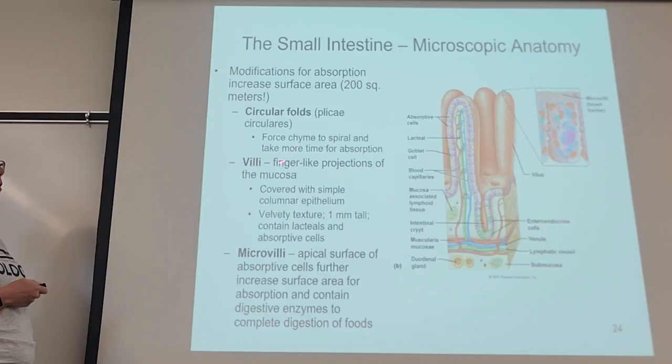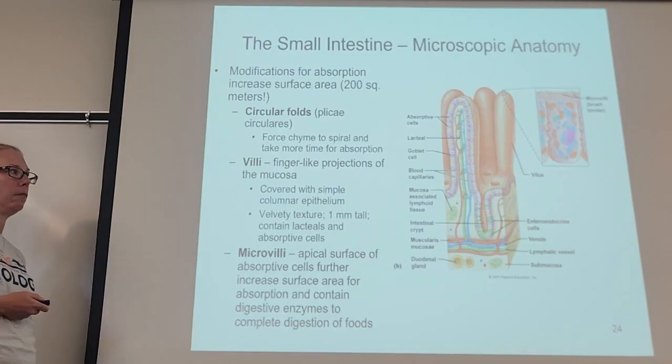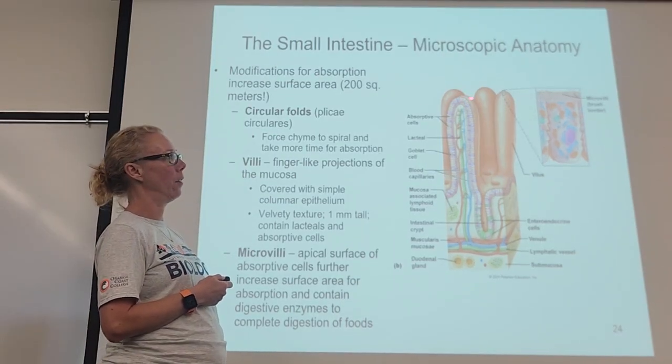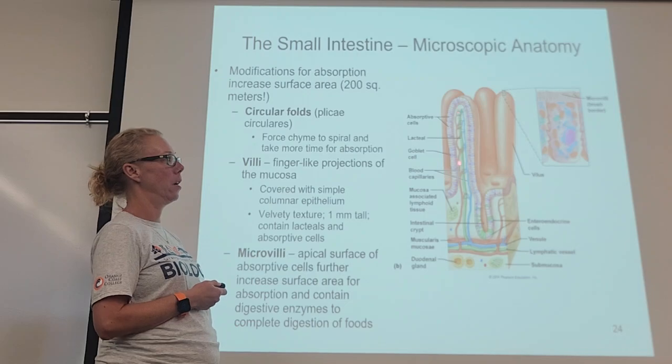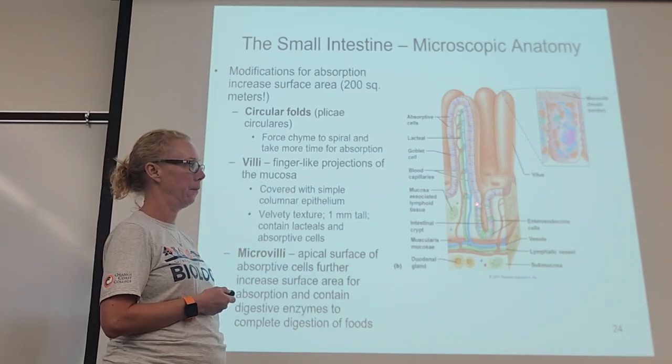So on top of the circular folds, we have these finger-like projections that we identified, and we called them villi, or villus singular, okay? And then inside of the villi, okay, so outside of each villus is simple columnar epithelial tissue. We identified that on the lab.